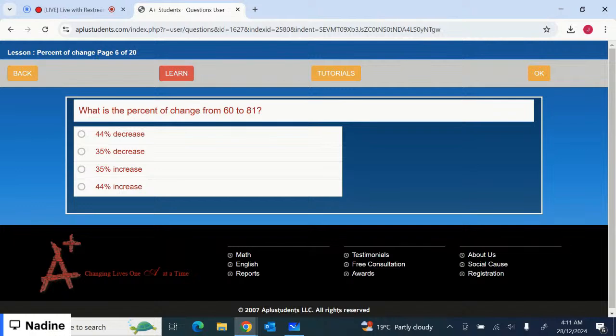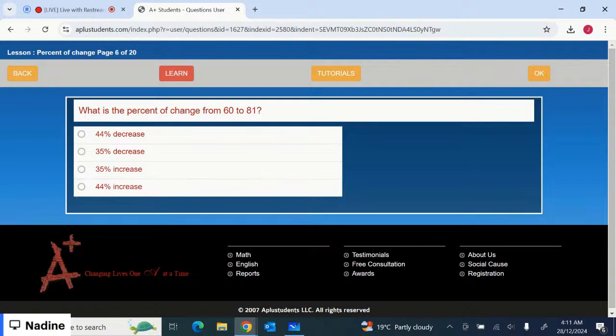What is the percent of change from 60 to 81? 60 to 81 is an increase, right?